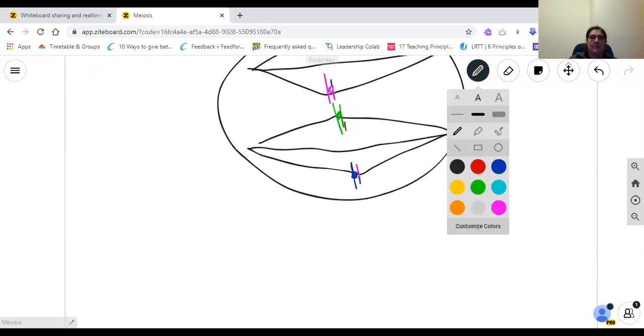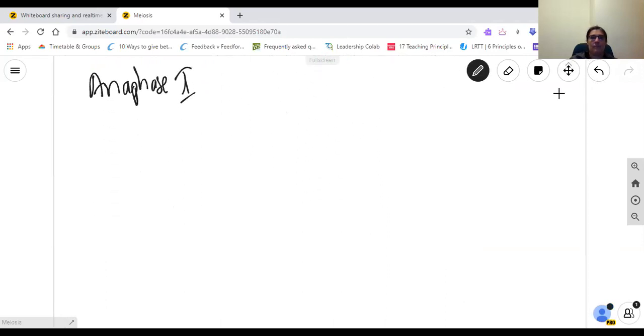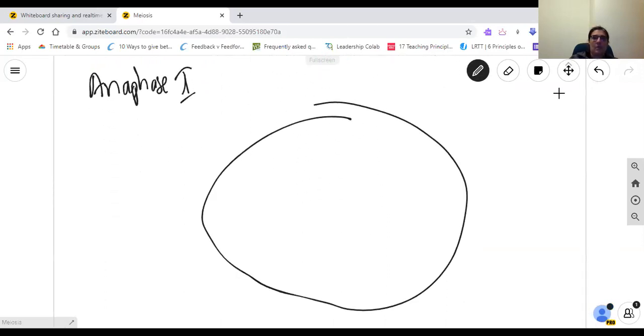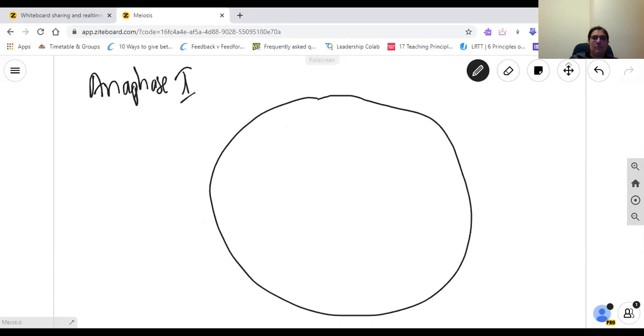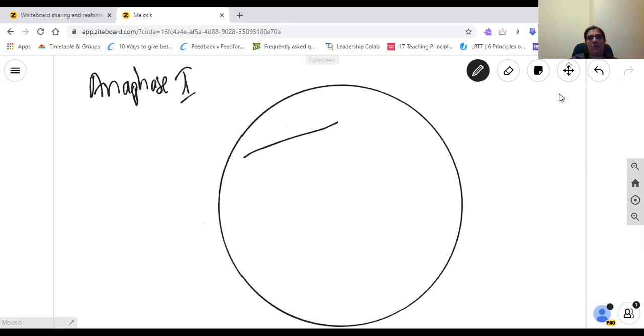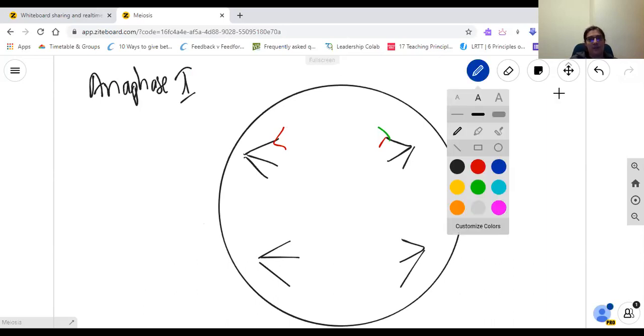So in anaphase two, let's try that again. In Anaphase Two, the spindle fibers once again will contract. And this time when they contract, they're going to pull the sister chromatids apart.